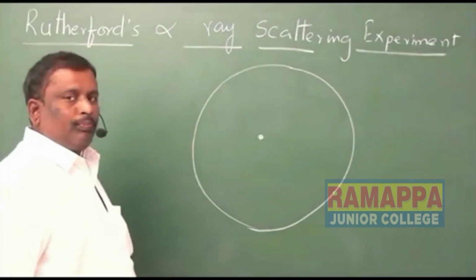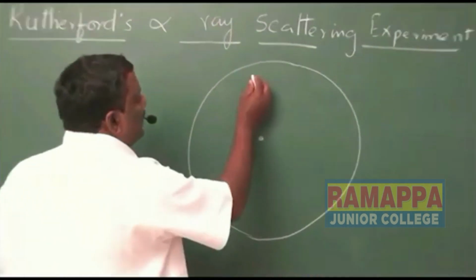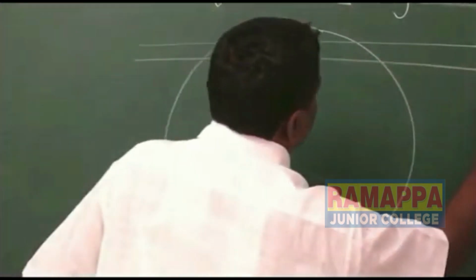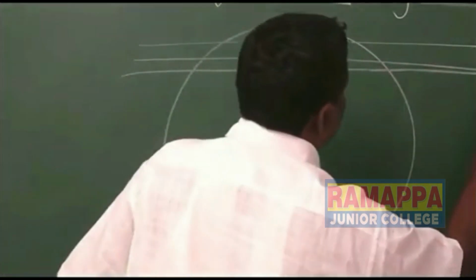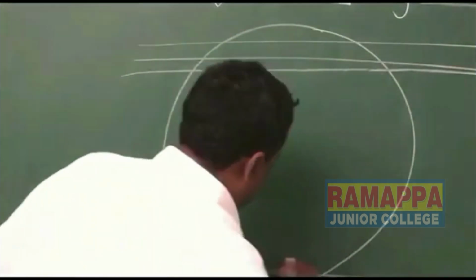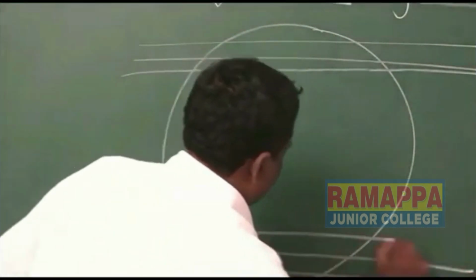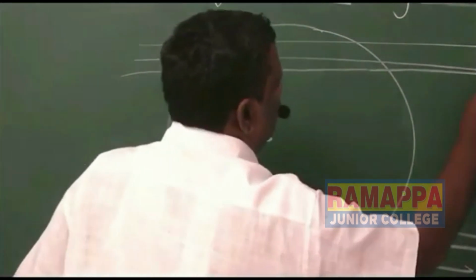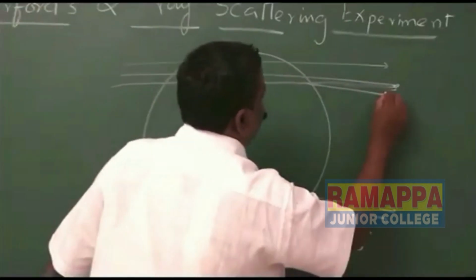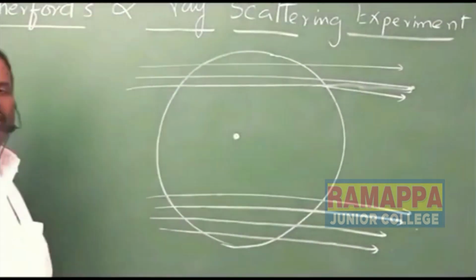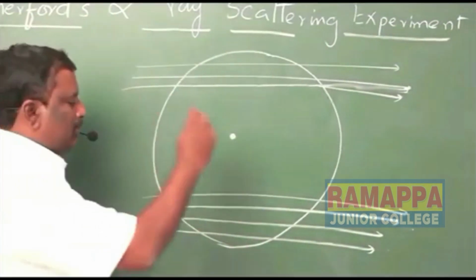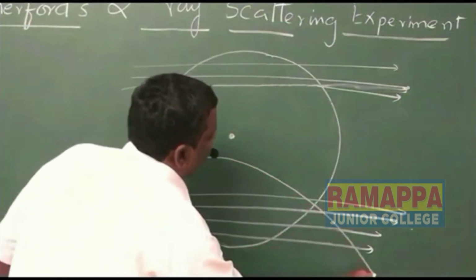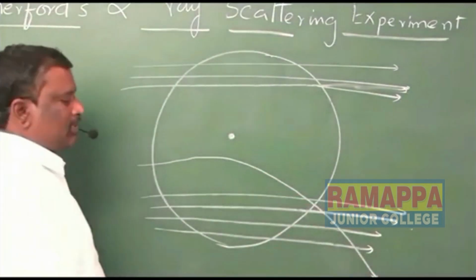So, alpha particles which are away from this positively charged nucleus will pass through the gold foil without any deviation in their path. When an alpha particle is away from the nucleus, there will be no change in its path. But when it comes closer to the nucleus, there will be a repulsion and it changes its path.